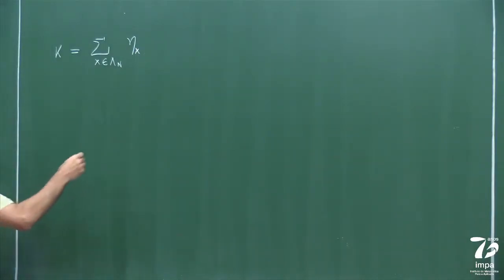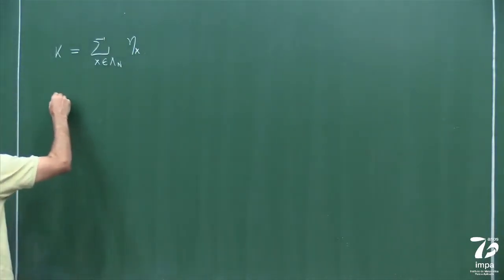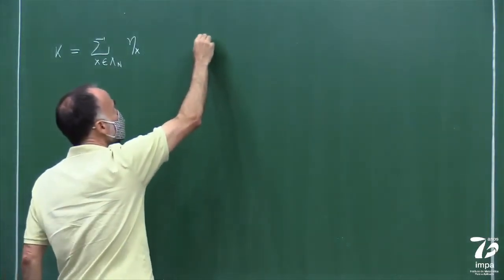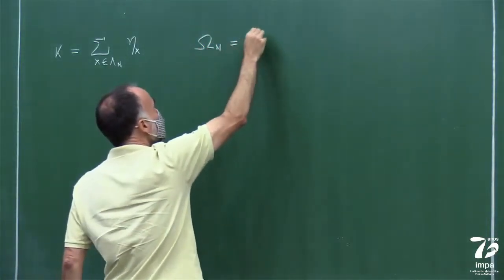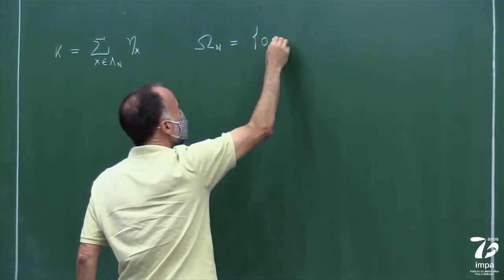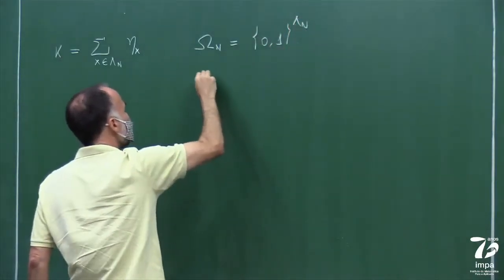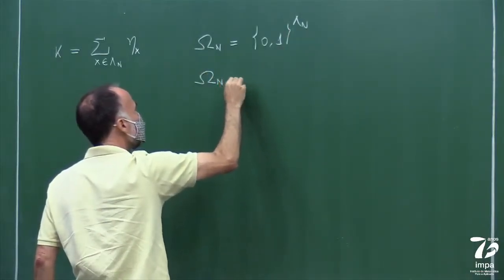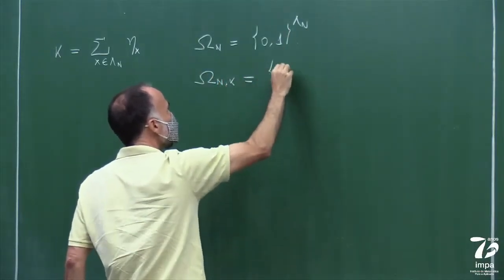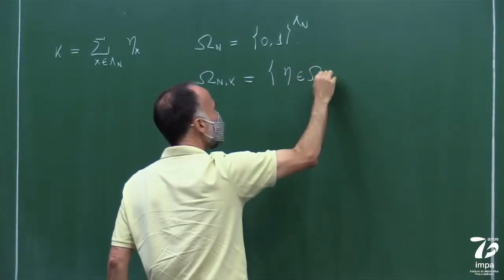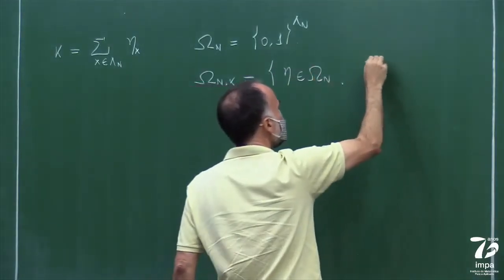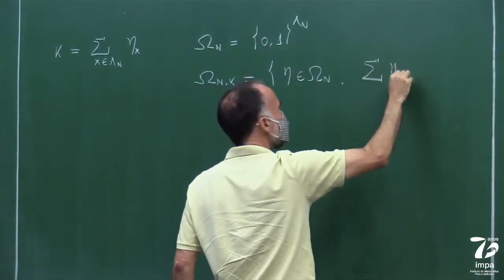So the state space is not what I represented by Ω_n, which is {0,1}^{Λ_n}, but it will actually be Λ_{n,k}, which is the set of η in Ω_n such that the total number of particles is equal to k.